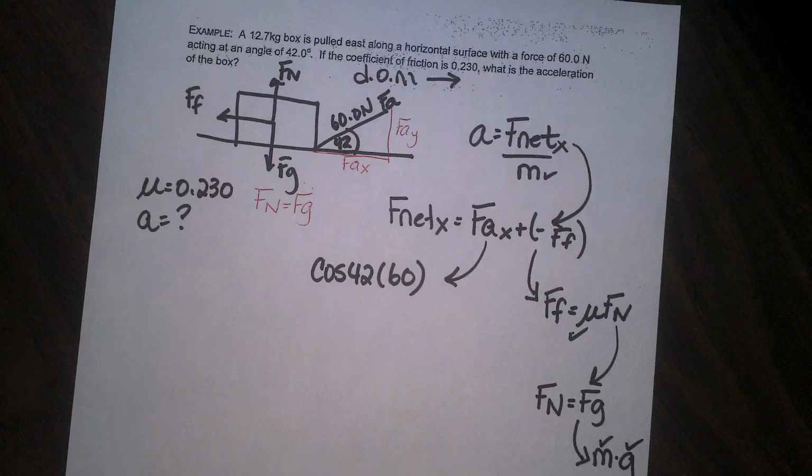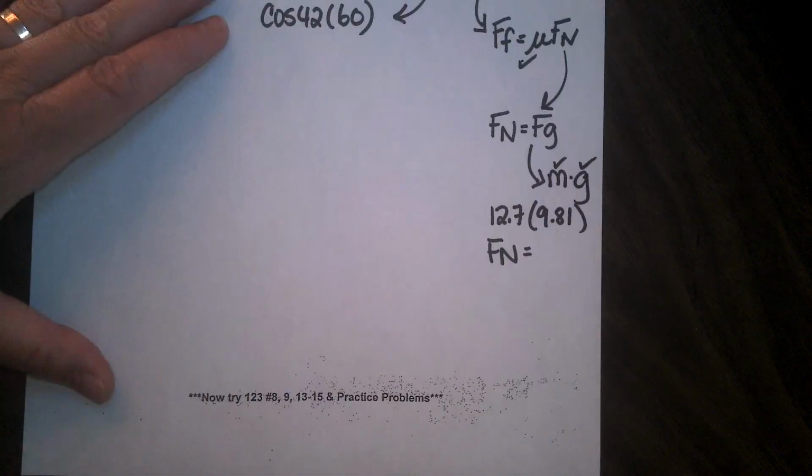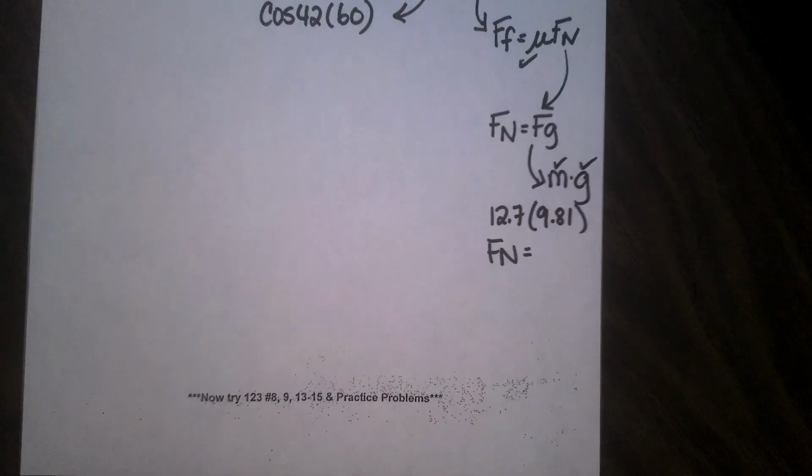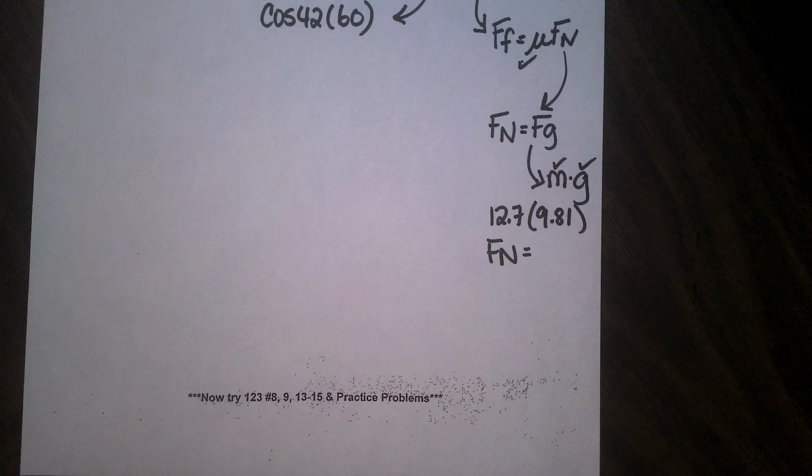It's going to be different than your notes because I'm doing it baby step by baby step. 12.7 times 9.81. Should be just over 120 something.